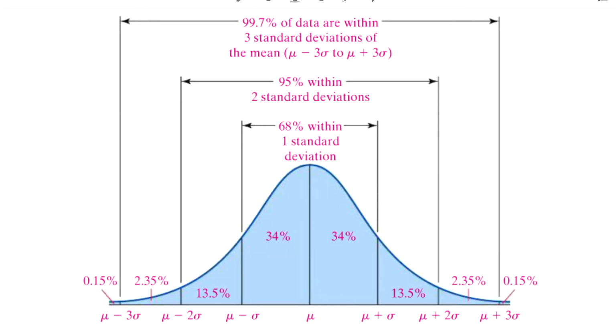And then if we go out again and we take two standard deviations away from the mean and two standard deviations added to the mean, 95% of our data is going to be within those two numbers. And lastly, three standard deviations below the mean to three standard deviations above the mean, 99.7% of our data is going to be within those two numbers.